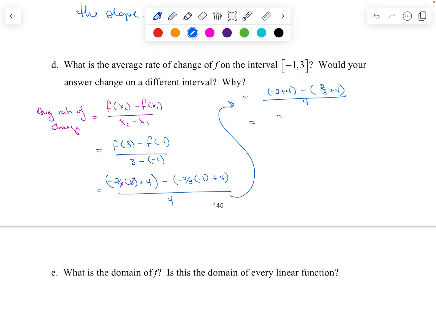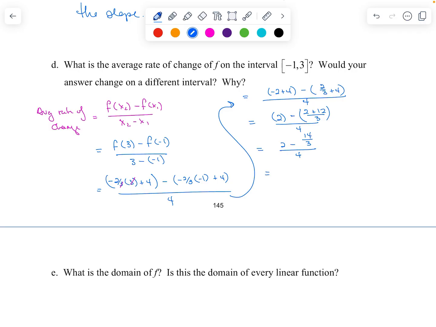And so the front one becomes 2, and this then becomes 2, plus 12 over 3, all over 4 still. So then this is 2 minus 14 over 3, all over 4.